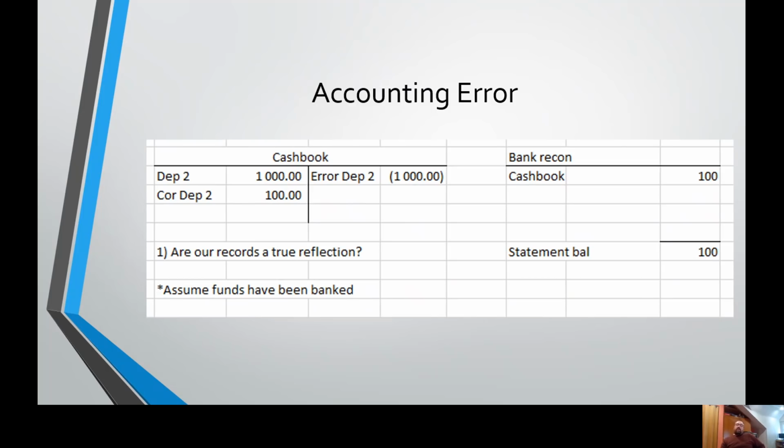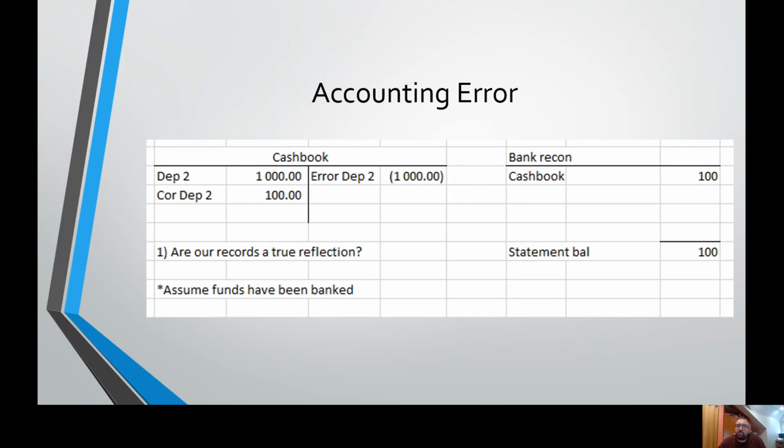Now let's look at an accounting error. We assume it's the same scenario as on the previous slide. I've got a client that walks into my office and he gives me a 100 Rand note. But I then accidentally capture that as a 1,000 Rand deposit.